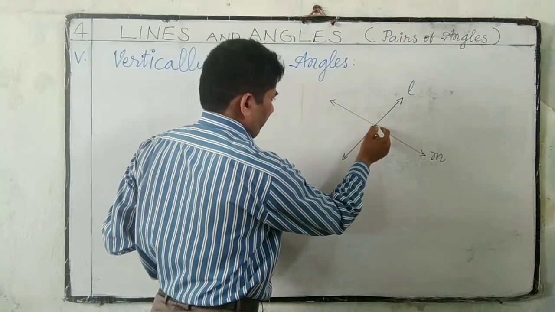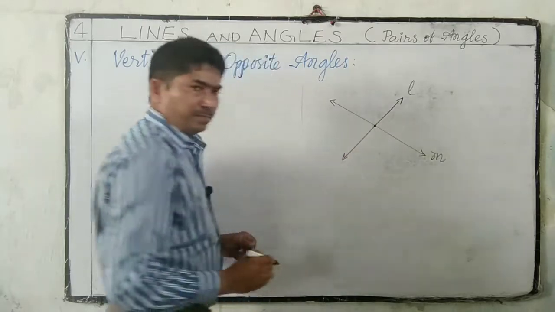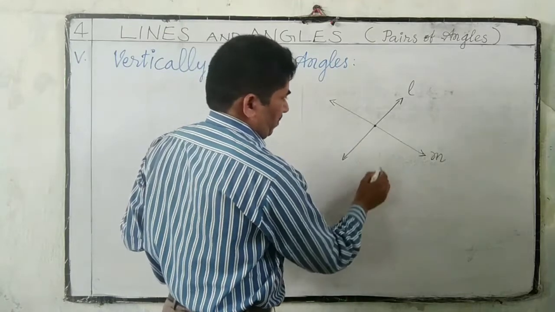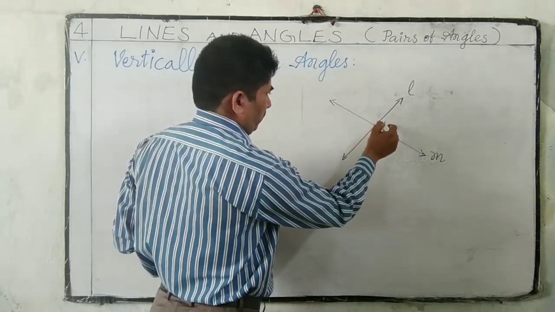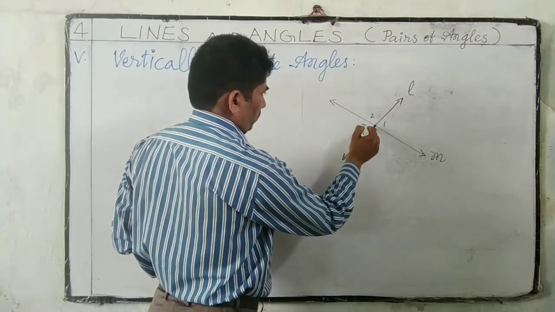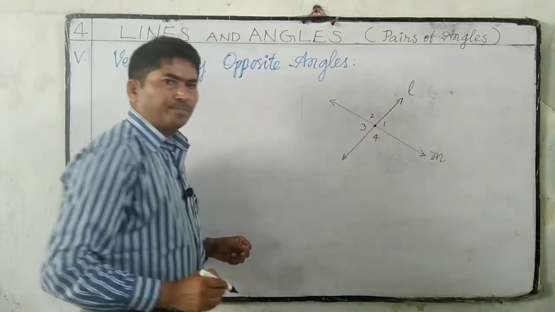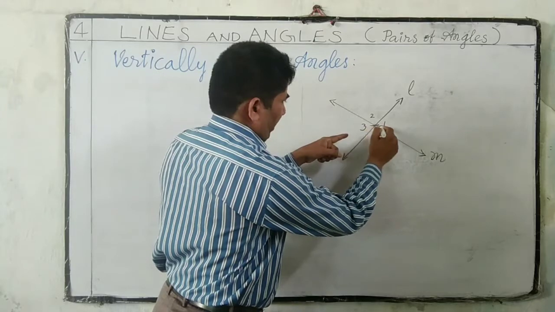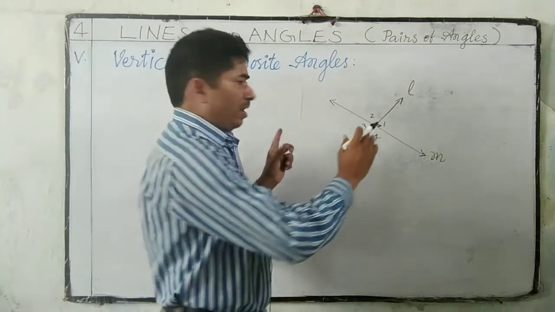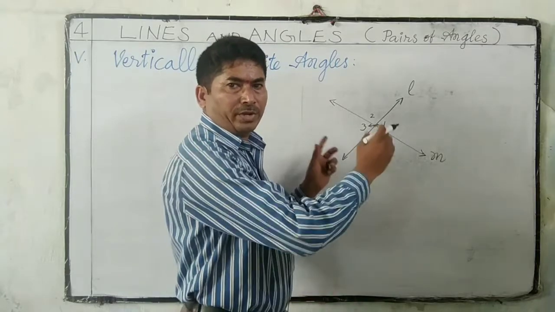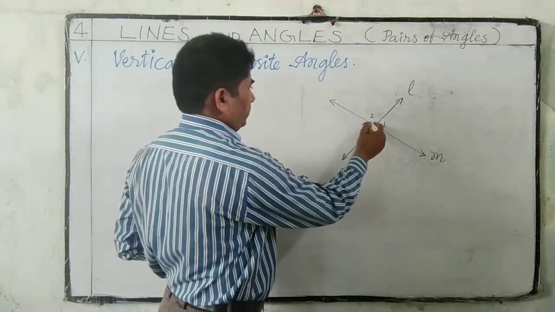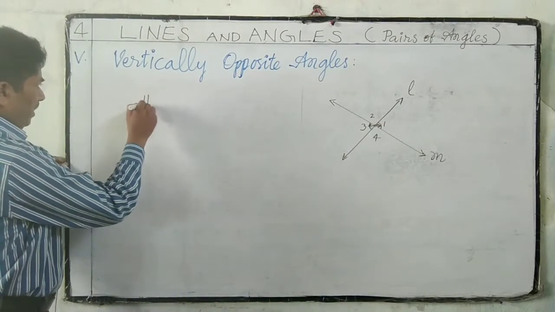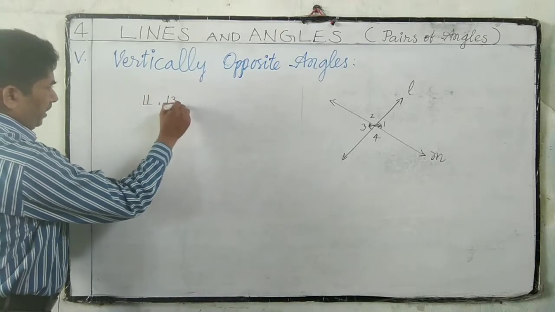These are intersecting at a point. Here we have formed totally 4 angles: 1, 2, 3, 4. Angles 1 and 3 are opposite to each other, so angles 1 and 3 are called vertically opposite angles.